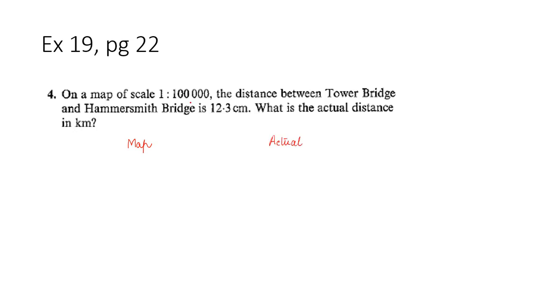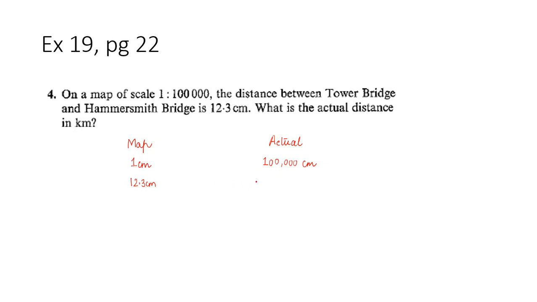So over here, the scale is given to be 1:100,000, which means a length of 1 centimeter on the map will become 100,000 centimeters in reality. So over here, in this case, we know that the length of the distance on the map is 12.3 centimeters, and we need to find out what the actual distance is going to be in kilometers.